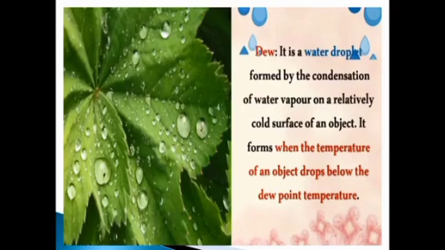During the winter season, you can notice this dew on the leaves. Dew is a water droplet formed by the condensation of water vapor on a relatively cold surface of an object. It forms when the temperature of an object drops below the dew point temperature.